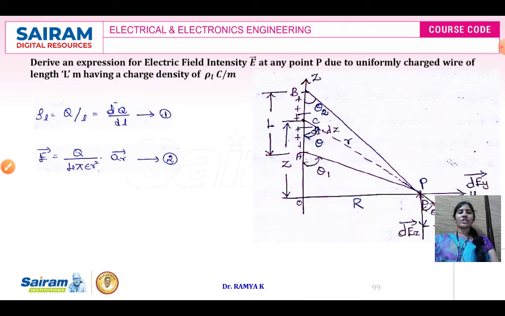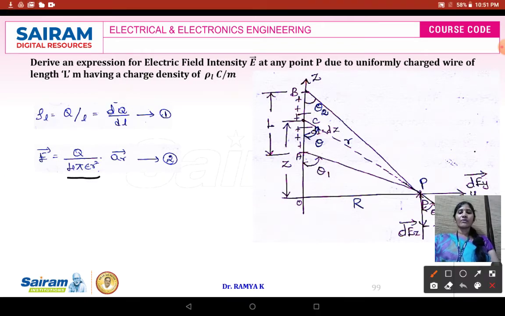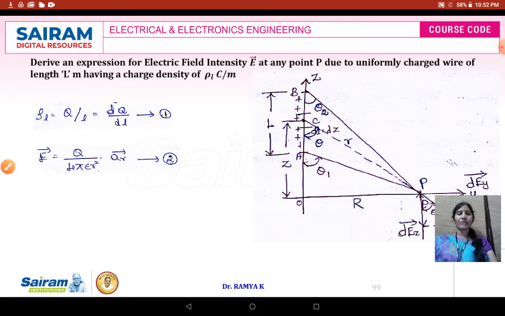Then the general form of your electric field intensity is going to be q divided by 4 pi epsilon r square into ar vector. And this is the electric field intensity at point P because of the normal charge element. If you are going to assume a differential elemental length, the charge is going to be differential, then the electric field intensity will also become differential.